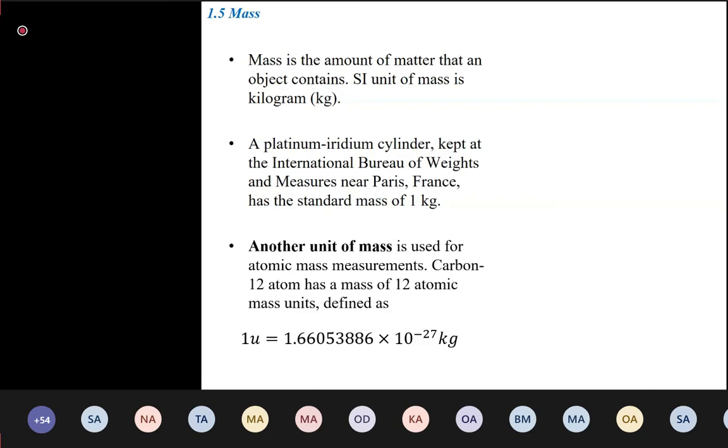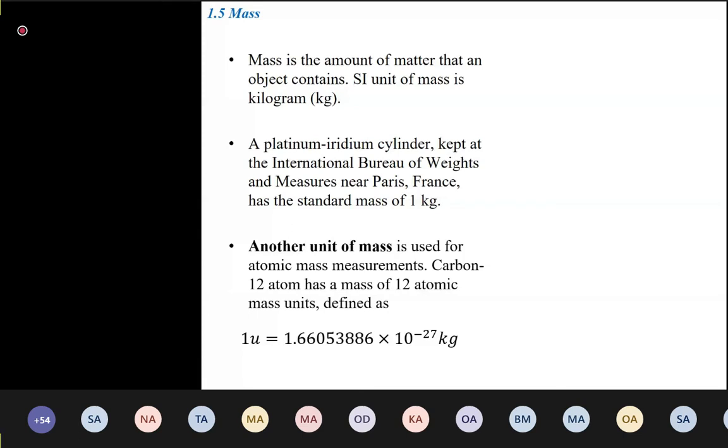When you take the carbon 12 isotope, one twelfth of the carbon 12 atom equals 1 atomic mass unit, and it is 1.66 times 10 to the power minus 27 kilogram. This number is roughly equal to the mass of the proton and neutron.